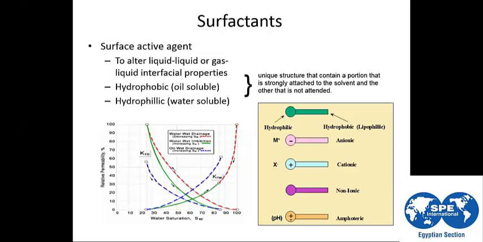So what is the reason for adding the surfactant to the fracture fluid? We are using the surfactant in the frac fluid for the following reasons: to create a stable foam frac fluid. If we are using nitrogen with the frac fluid, to create what we call a nitrified frac fluid, this frac fluid is called foamed frac fluid.